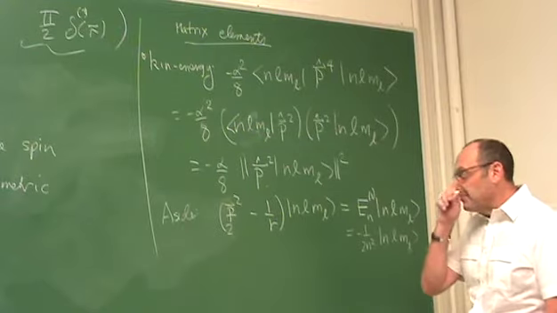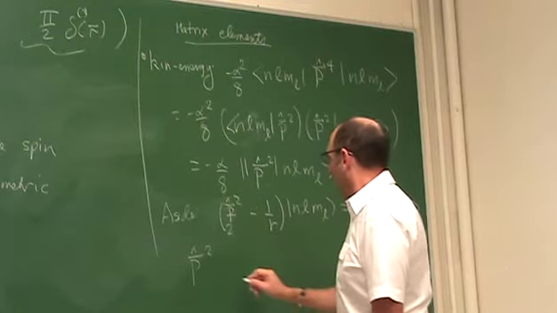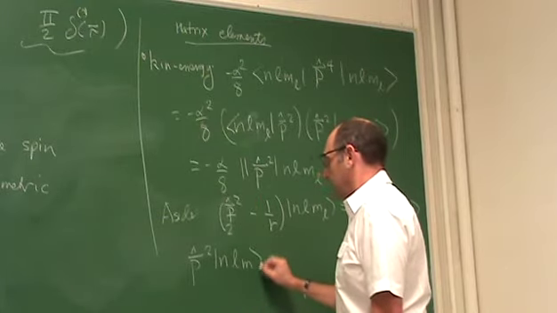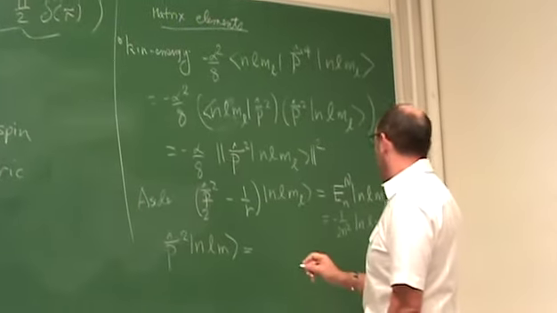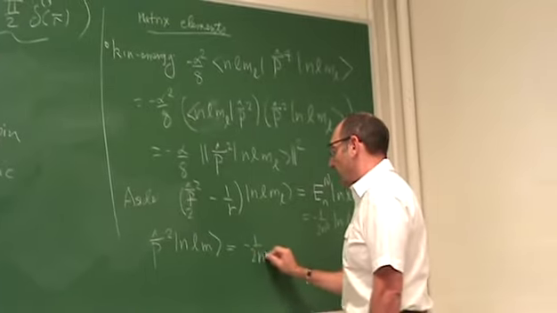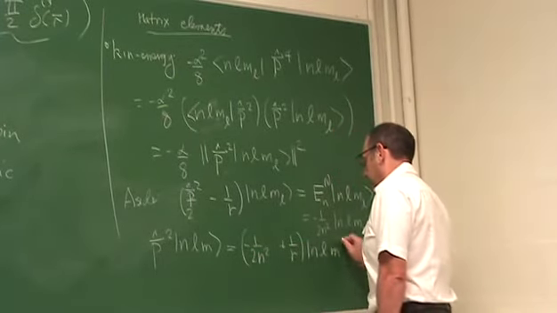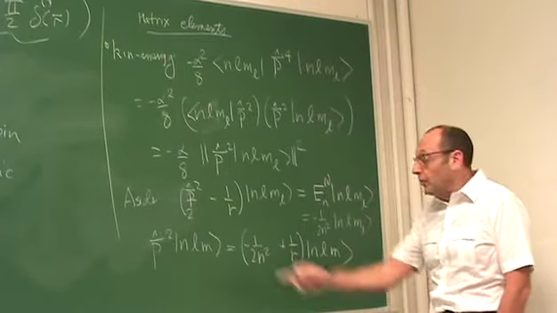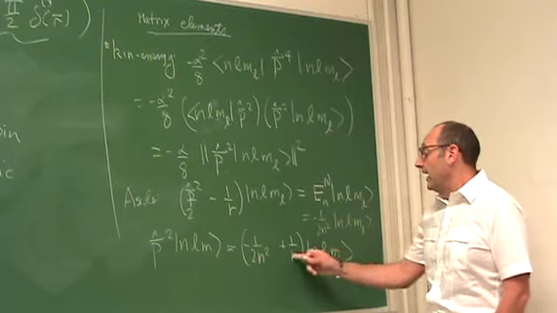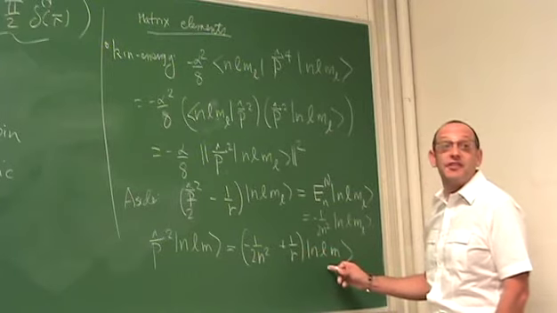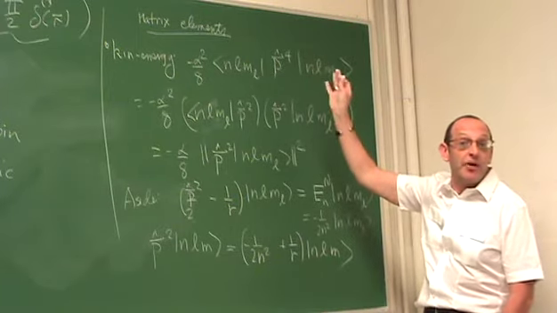Okay, so that means that p squared acting on this ket is the same thing as minus 1 over 2n squared plus 1 over r acting on this ket. So we see, first of all, since 1 over r also does not couple different L's, we can see that there won't be any off-diagonal matrix elements between different L's as well.